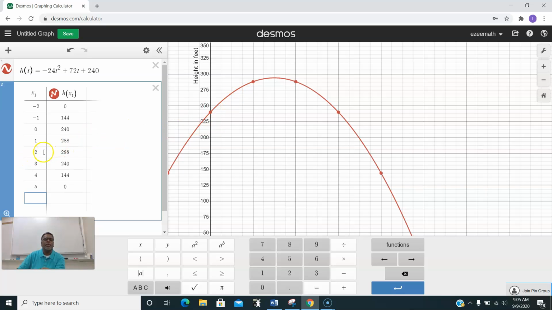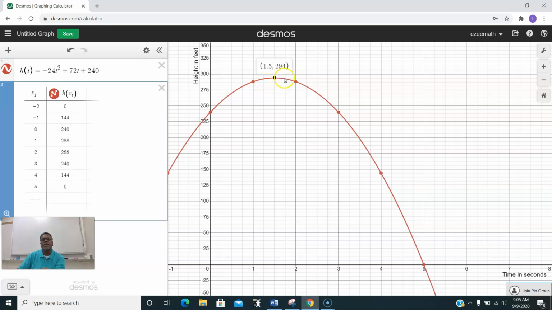And from 1 to 2 seconds, in between at 1.5, it went to the highest and came down. And in 3 seconds, it is falling down, so again it reached 240. At 4 seconds, the height became 144. See the gap here. 288 became 240, 240 is becoming 144, almost 100 it is. And from 4 seconds to 5 seconds, it became 0.